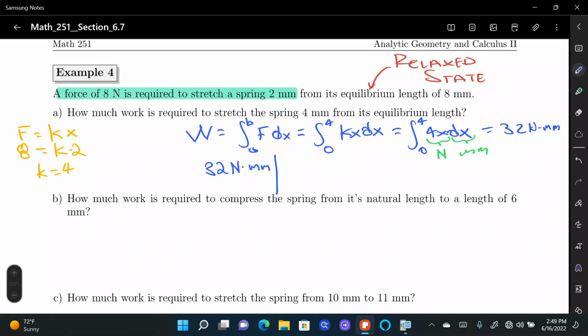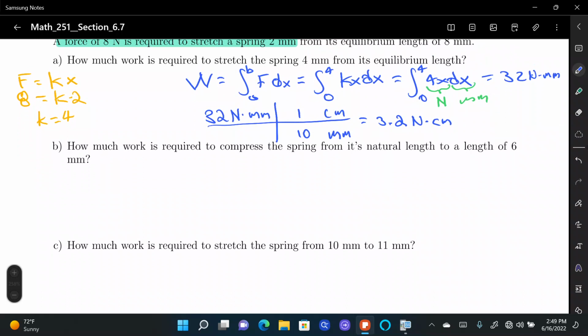So I want to cancel millimeters. I want centimeters. There are 10 millimeters in 1 centimeter. 32 divided by 10, that's 3.2 newton centimeters, or meters, depending on the units, of course. So you would just use whatever conversion units. Okay.